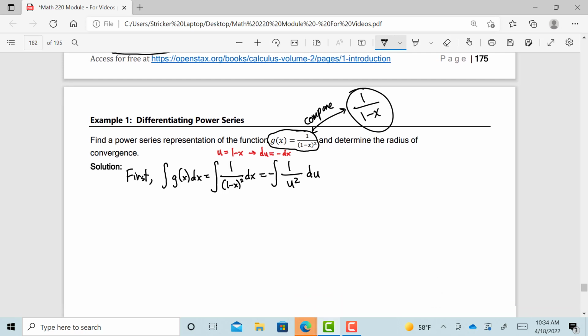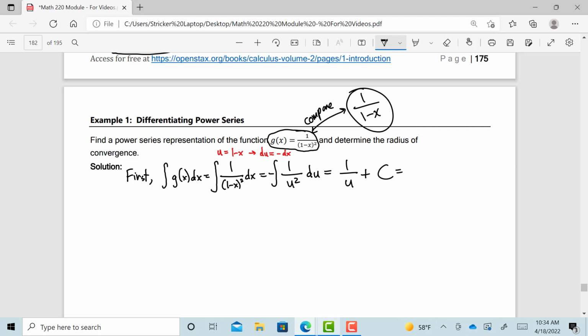And when we go ahead and use the power rule, remember that's u to the negative 2, so we add 1 to that, we get u to the negative 1, divide by negative 1. This is basically going to become 1 over u plus c.